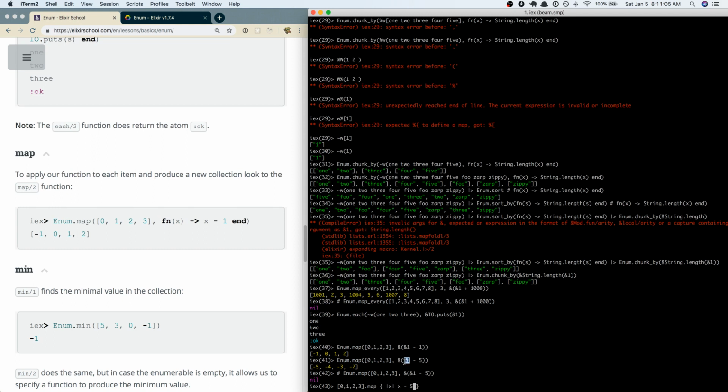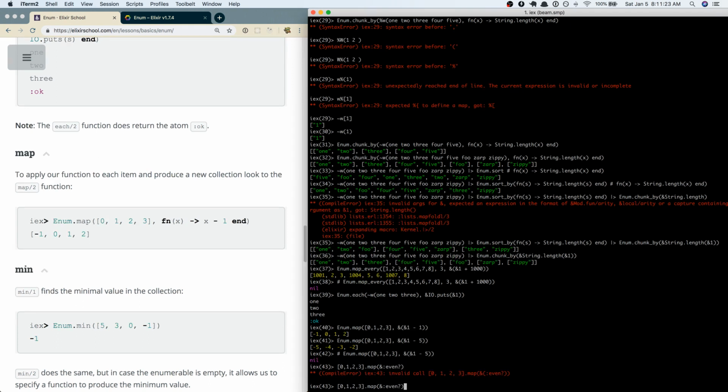Do they have the positional thing in Ruby? I mean, what?